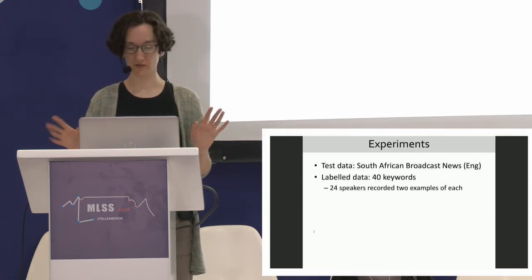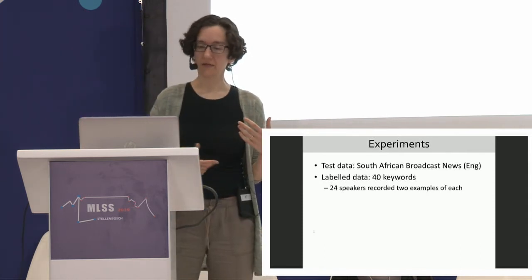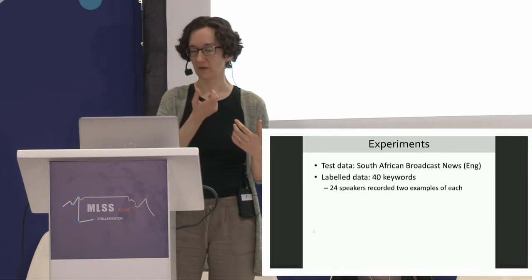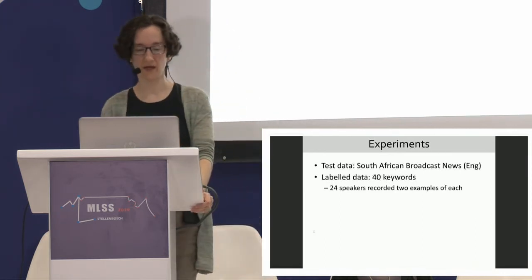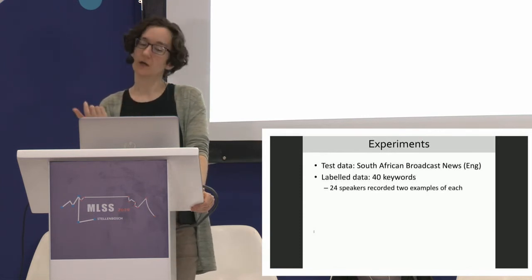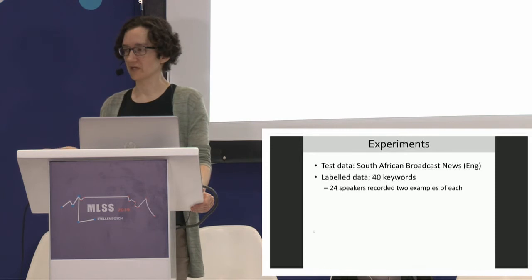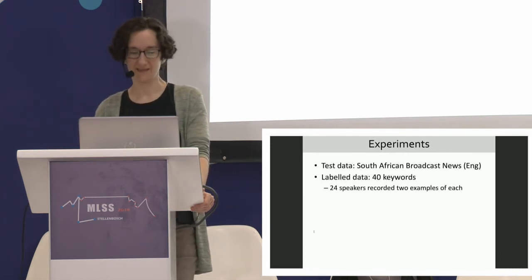The only labeled data used here is individually spoken words. They got 24 speakers to come in and record 2 examples of each of 40 keywords. So there's really not a lot of labeled data here.